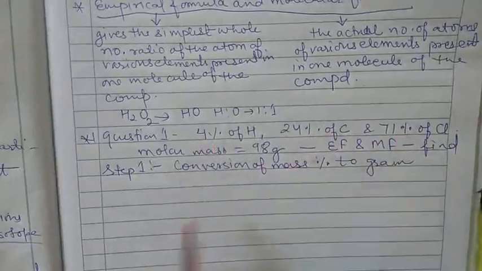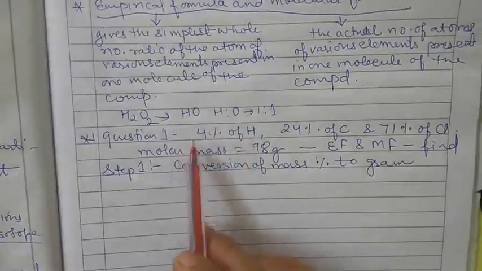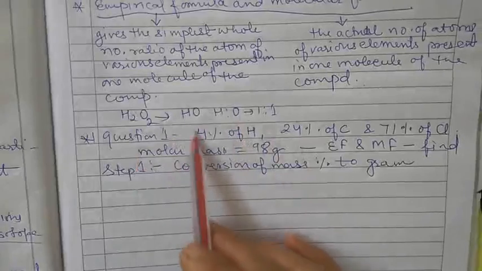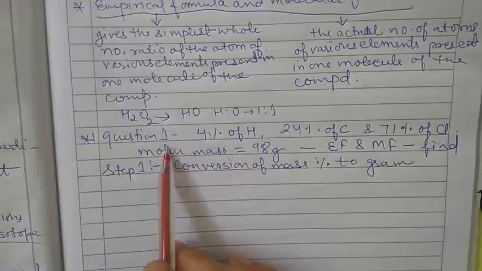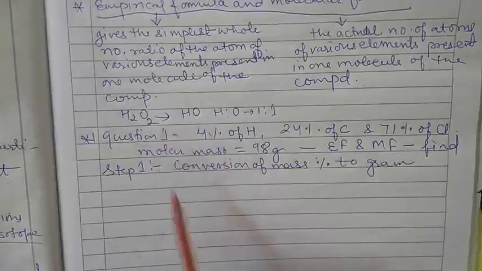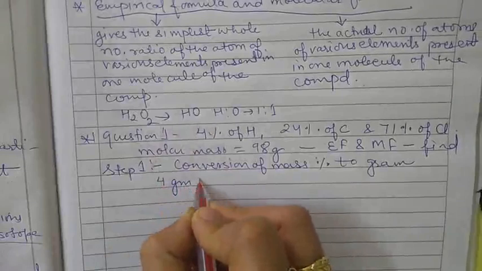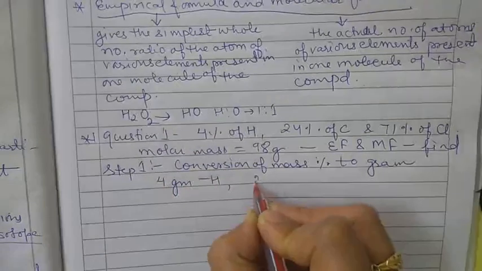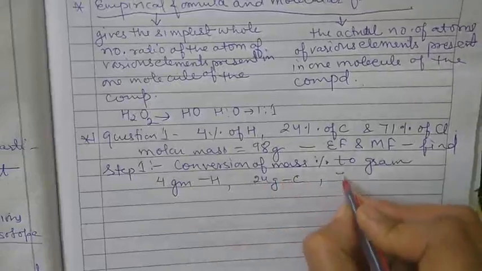Since we have the mass percent, it is convenient to use 100 gram of a compound as the starting material. So in the 100 gram sample of the above compound, that is 4 gram hydrogen, 24 gram carbon, and 71 gram.